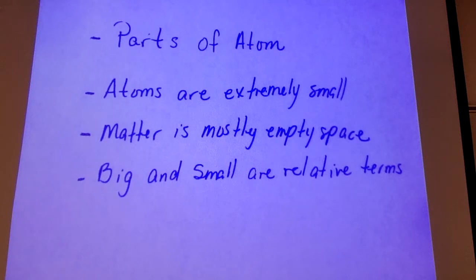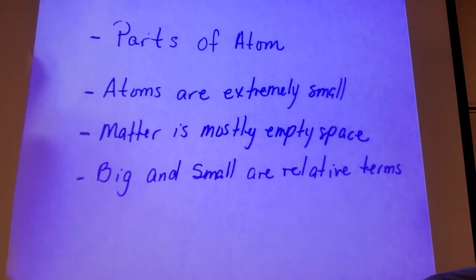And any of those items, we could look at them and say that one is larger than another, but then there's always something else that's larger than what we thought was big in the first place. So it really just depends on what items are being compared and your perspective. So big and small are very relative terms.